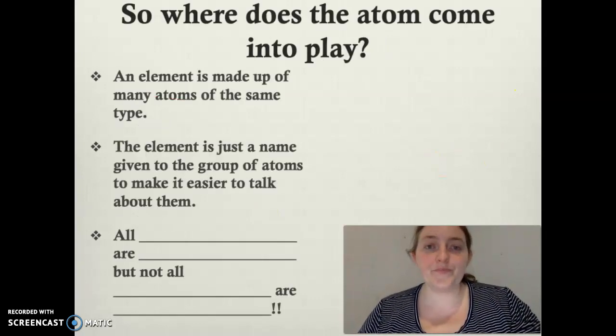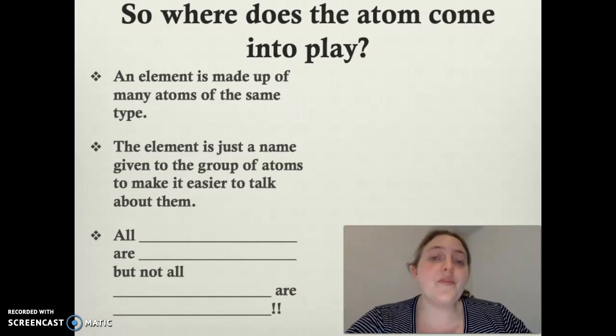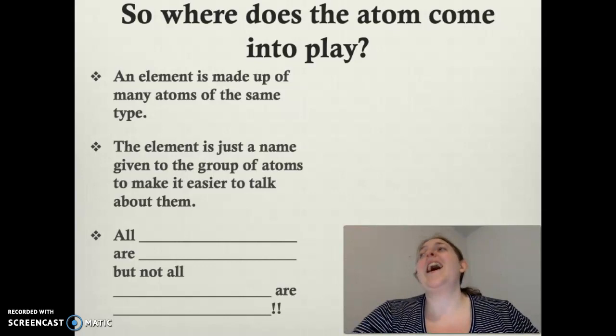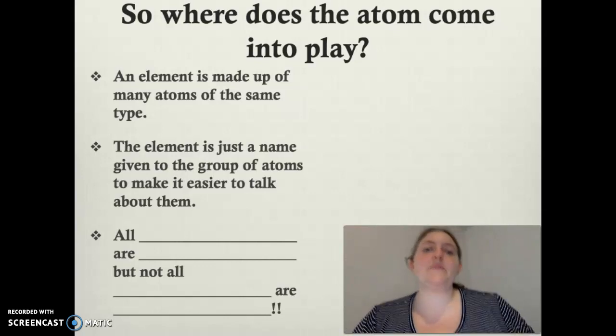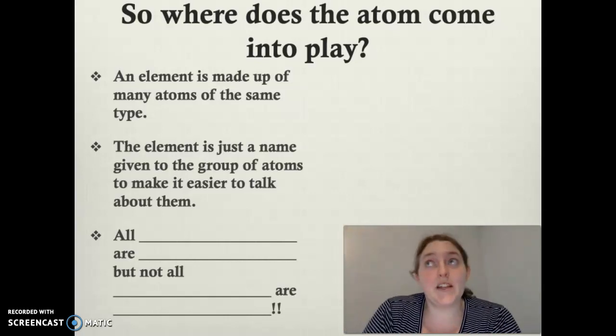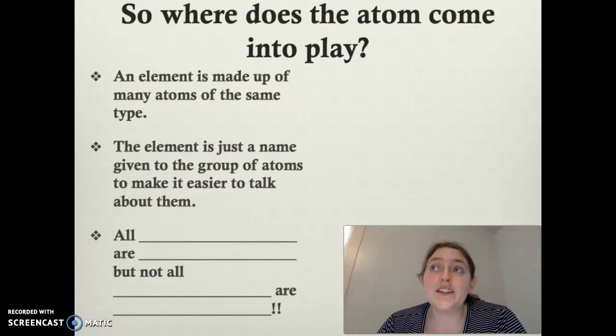So, where does the atom come into play? Well, an element is made up of many atoms of the same type. The element is just the name of the type of atoms to make it easier to talk about them. With hydrogen atoms, carbon atoms, oxygen atoms, each atom has a specific name, which we call its elemental name.